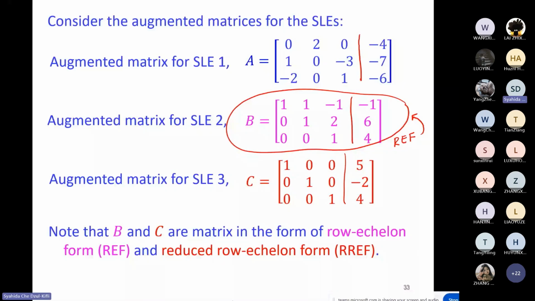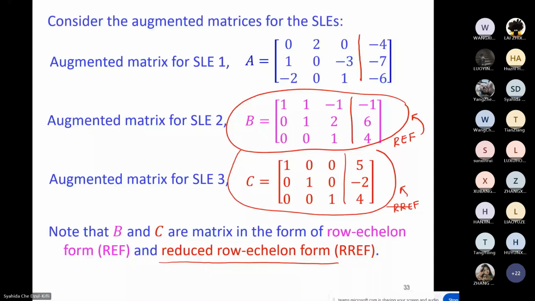Okay. So B is in the form of REF and C is in the form of RREF, which is reduced row echelon form. So whenever an augmented matrix is in the form of REF or RREF, then the systems of linear equation can be solved easily.